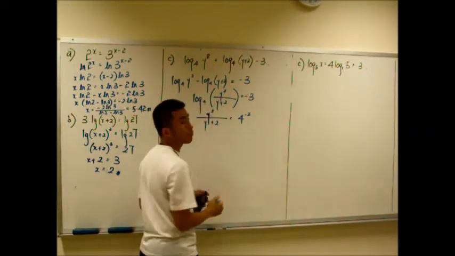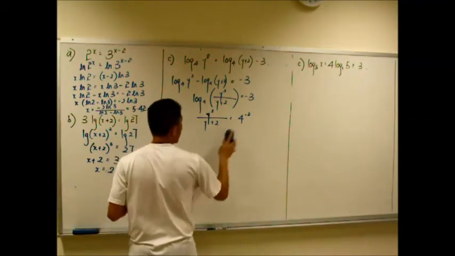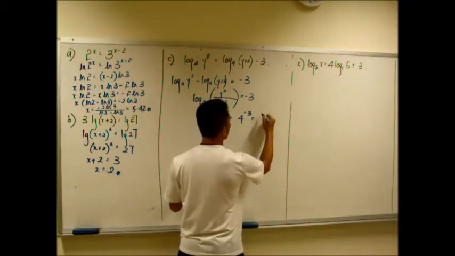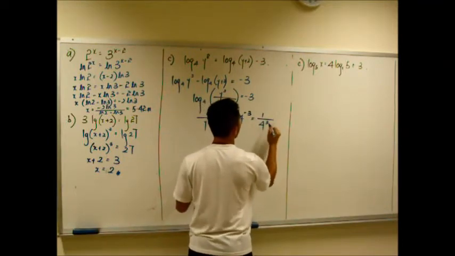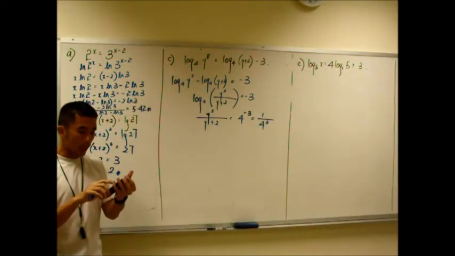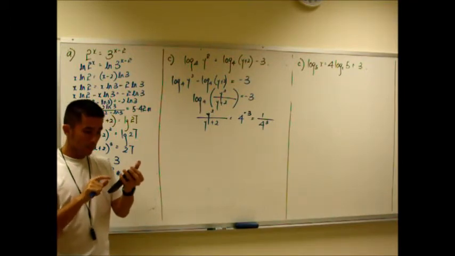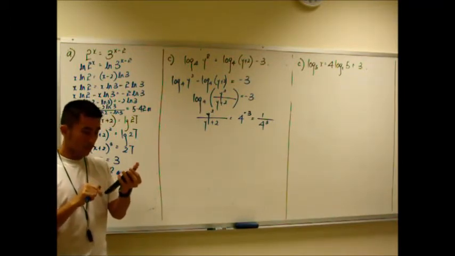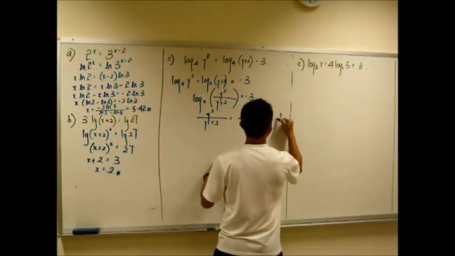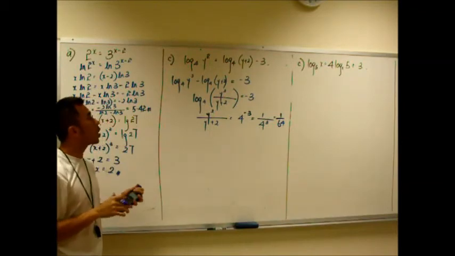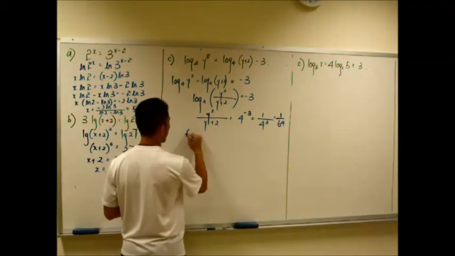4 to the power of negative 3. As you understand in indices, 4 to the power of negative 3 is the same as 1 over 4 to the power of 3 itself. Press the calculator. I will have 1 over 64. Then I will do my necessary cross multiplication.